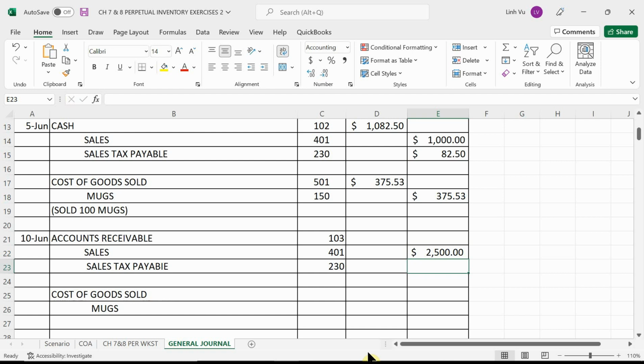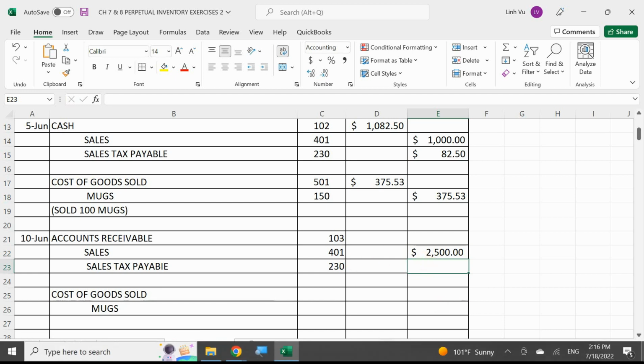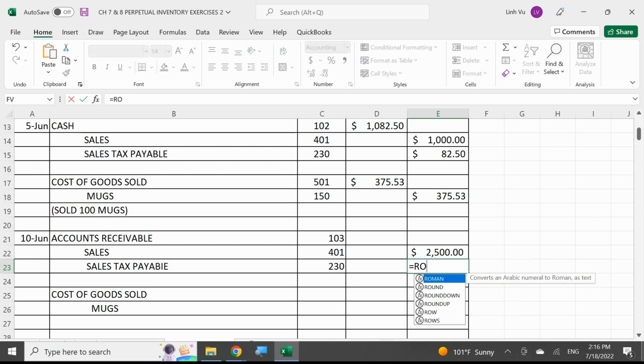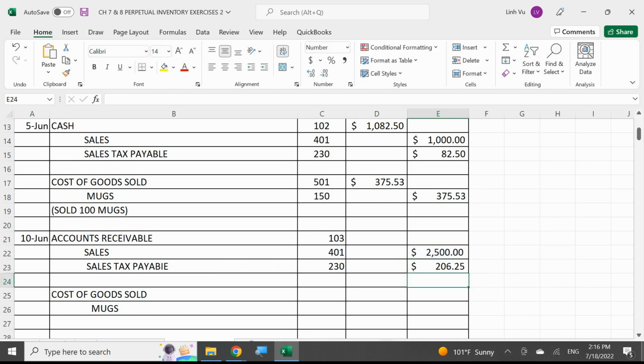Now, how much sales tax am I subject to charge my customer? Because if they're buying it in store, they have to pay sales tax. So what is the amount of sales tax that I will be collecting from this sale?